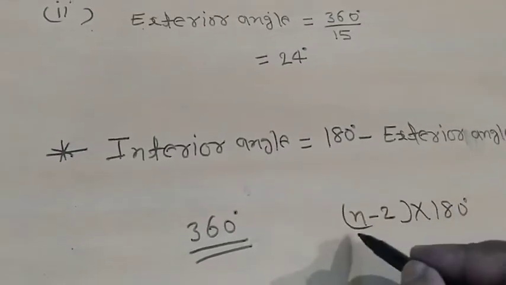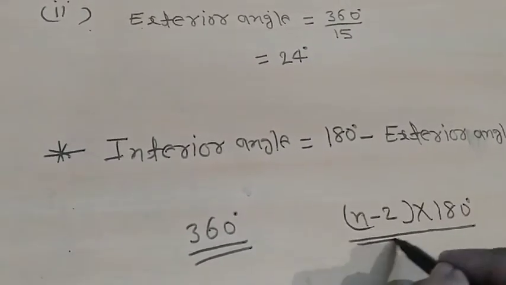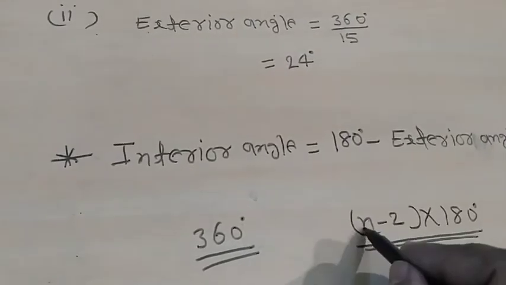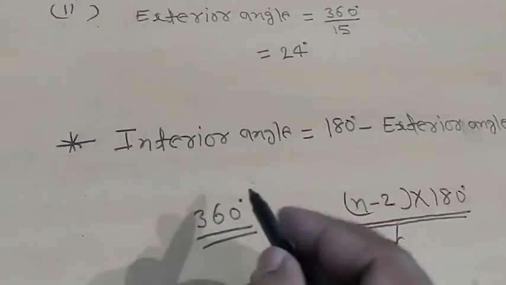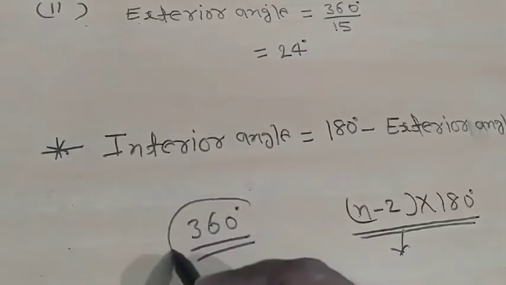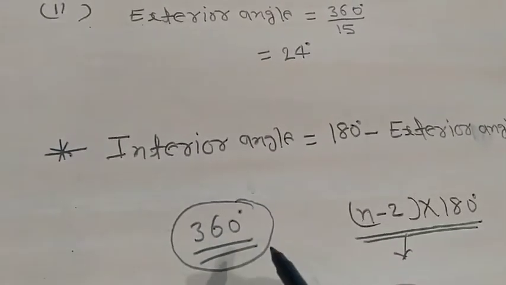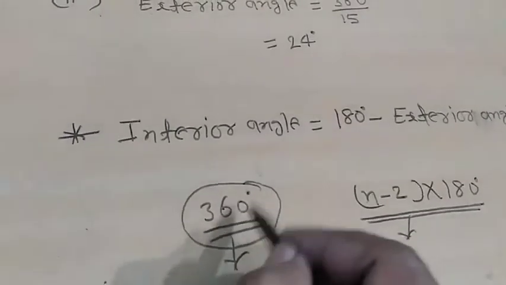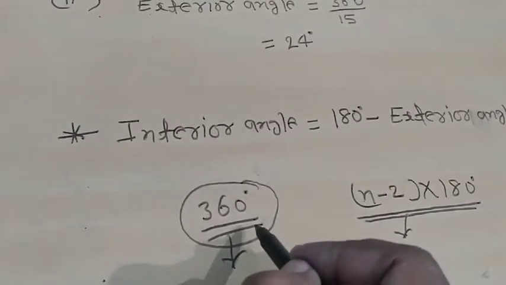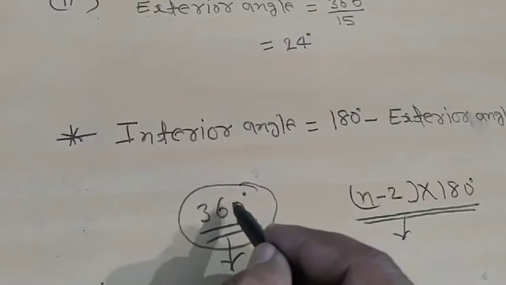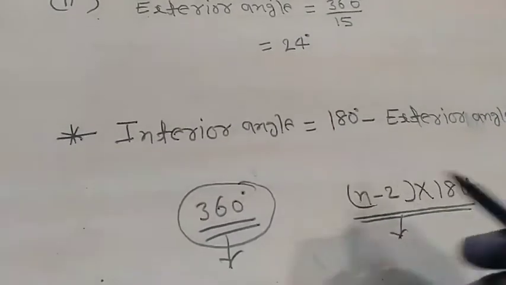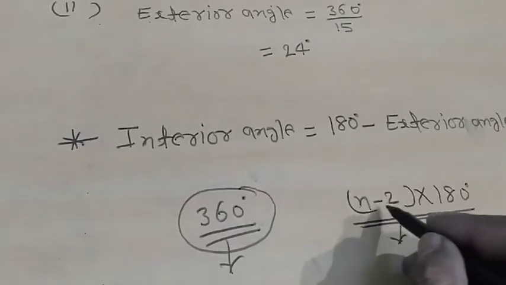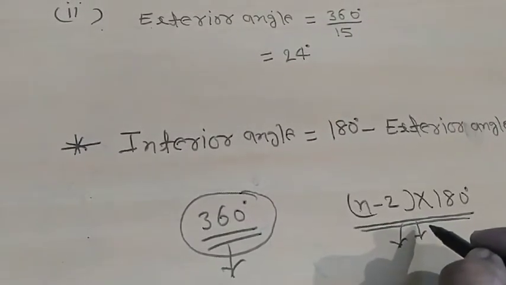Okay, in this formula we find the sum of interior angles of any polygon, where n is the number of sides. But sum of exterior angles of any polygon is 360 degree. Okay, so this is constant for all polygons. Sum of exterior angle is constant for all polygons, but sum of interior angle of any polygon depends on the number of sides.